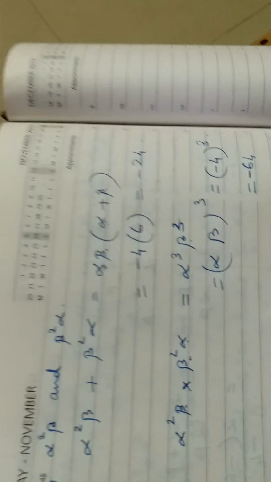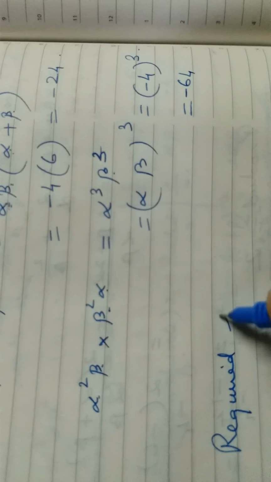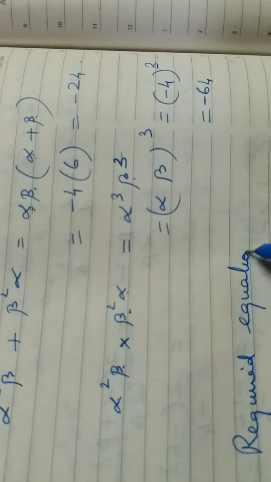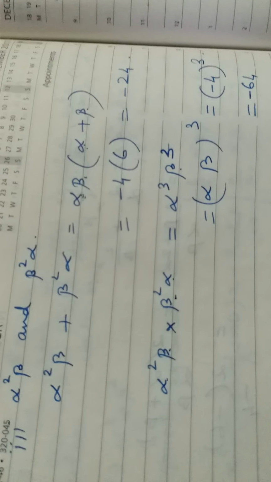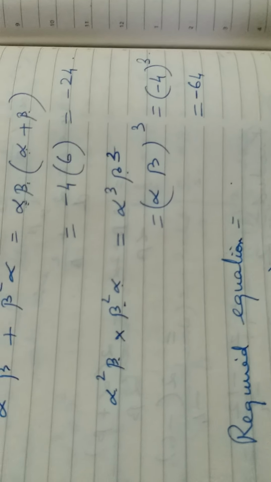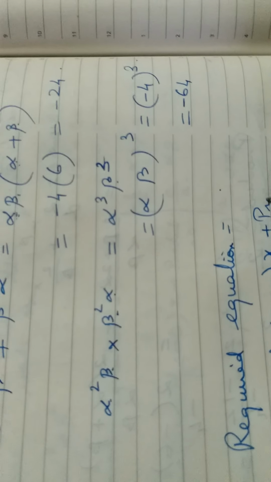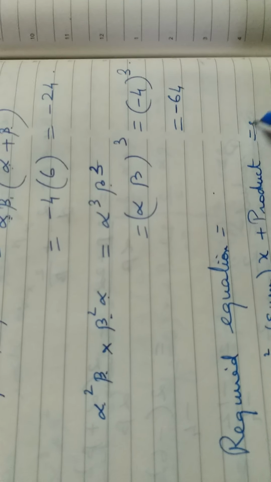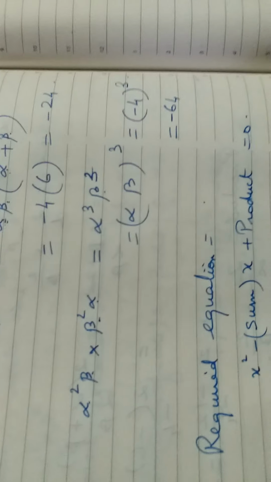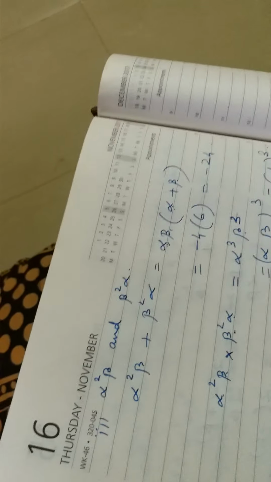Now you write required equation is equal to x square minus sum into x plus product is equal to 0. So it is equal to x square minus sum, and the sum is 24.